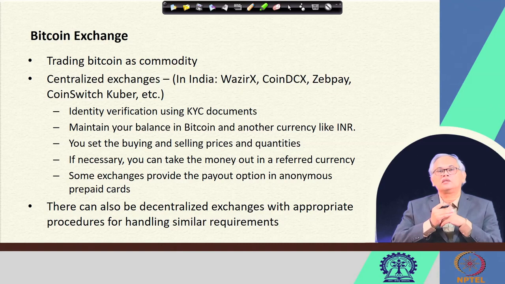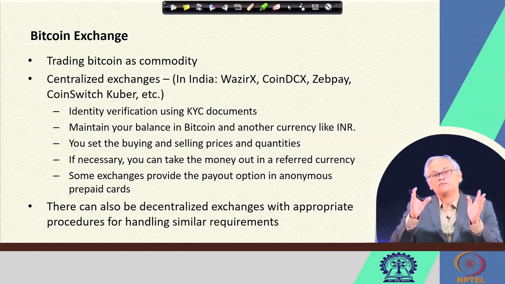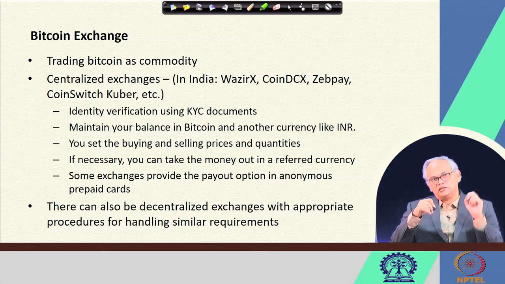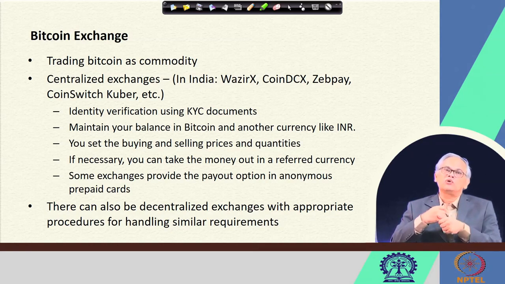Sometimes what they do, maybe not all these exchanges, not in all countries like India, but there could be other countries that can even let the participant, that is the user or the customer of that Bitcoin exchange, take the money out in prepaid cards which are also anonymous.